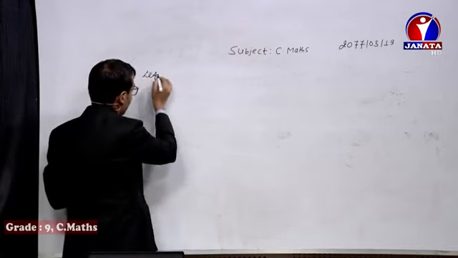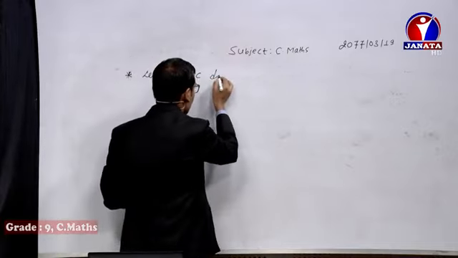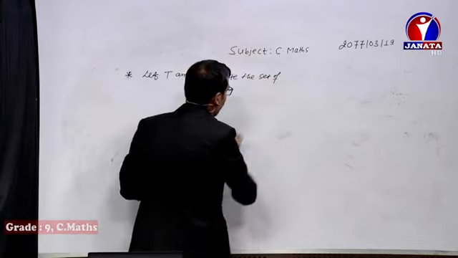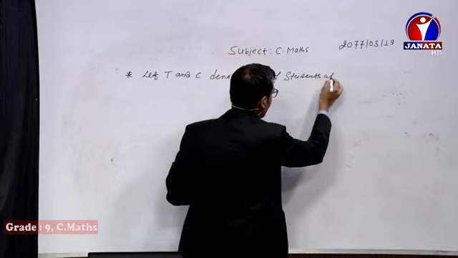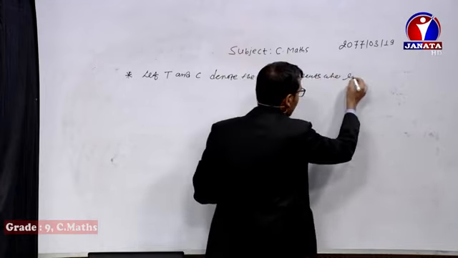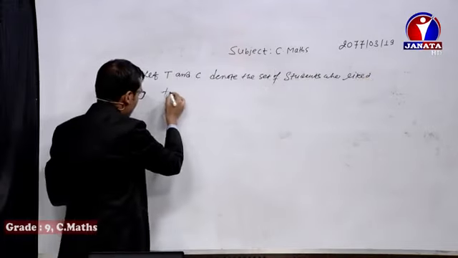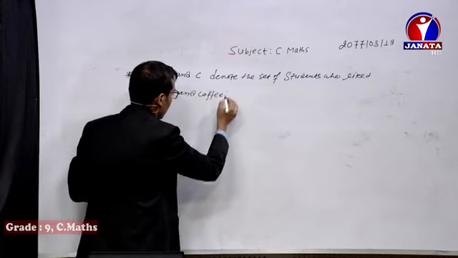So let T and C denote the set of students who like tea and coffee respectively.